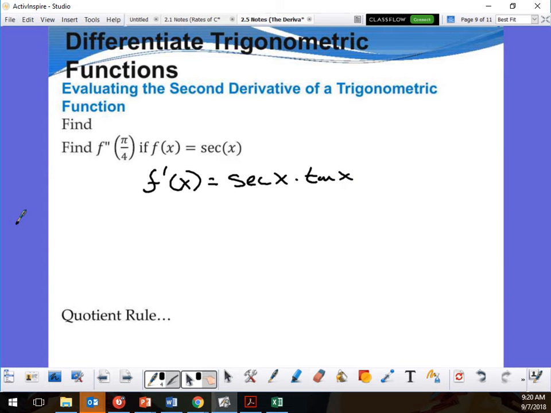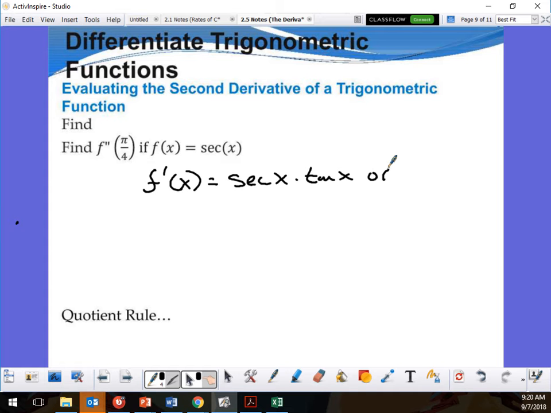Okay, so now what rule is that there? Product, right? Either way, I could do it like that, or I could say that tangent is sine over cosine, right?